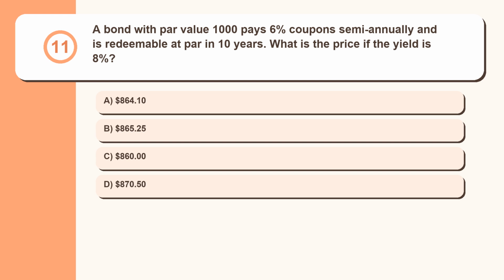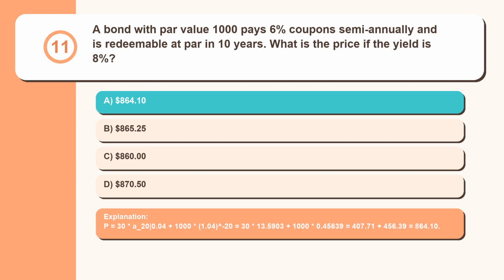Question 11. A bond with par value 1,000 pays 6% coupons semiannually and is redeemable at par in 10 years. What is the price if the yield is 8%? $864.10, $865.25, $860, $870.50.